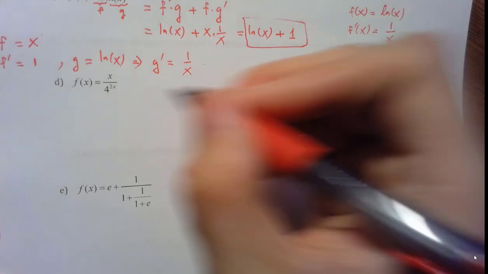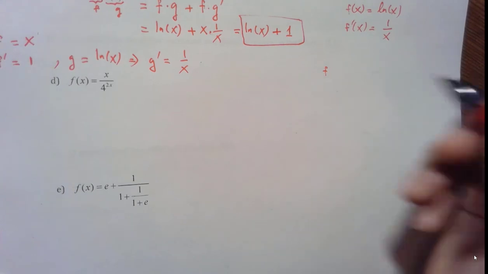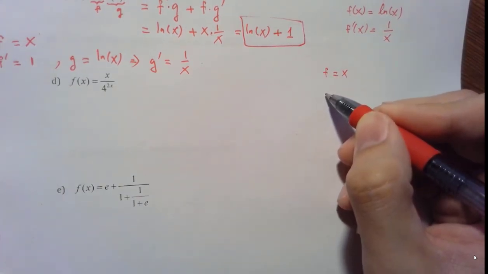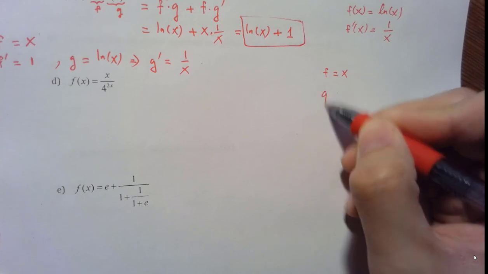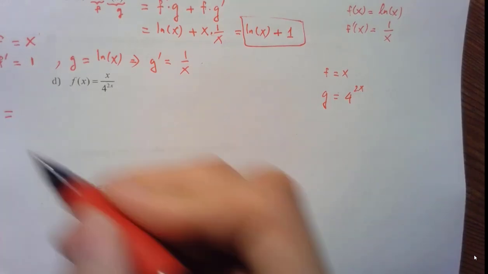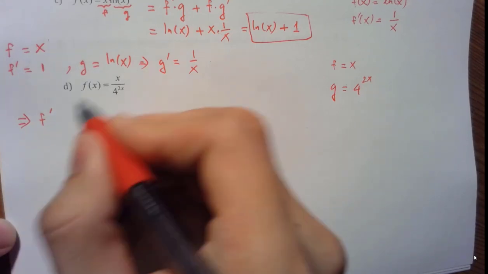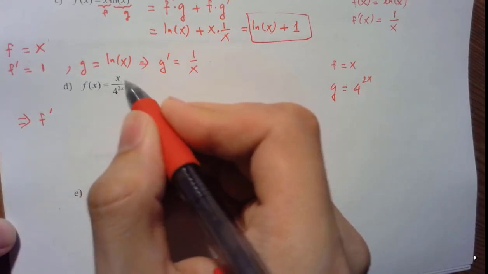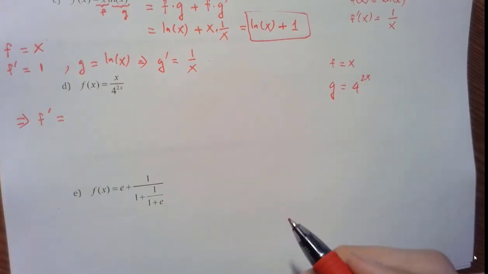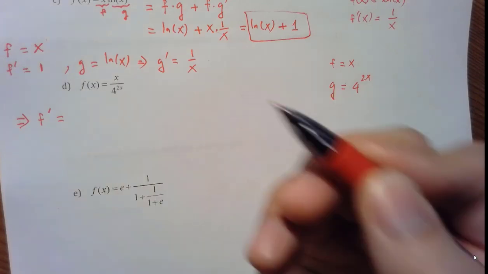So again, I let the top function, the numerator, be the function f, which is x, and I let the bottom function be g, which is 4 to the 2x. Okay, so from the quotient rule, when we want to differentiate this whole expression, just ignore that this is another f, not this one here, because I may use a different notation for this one.